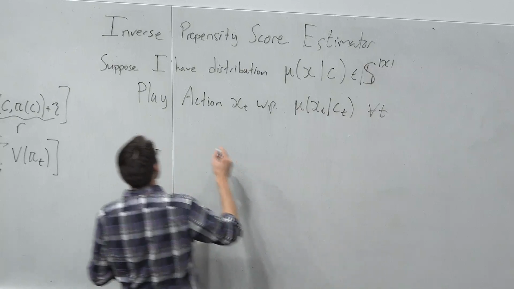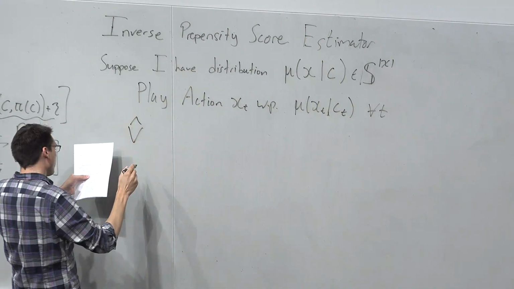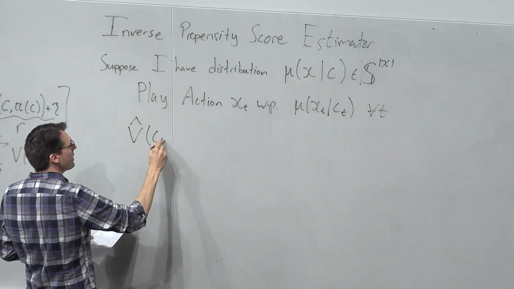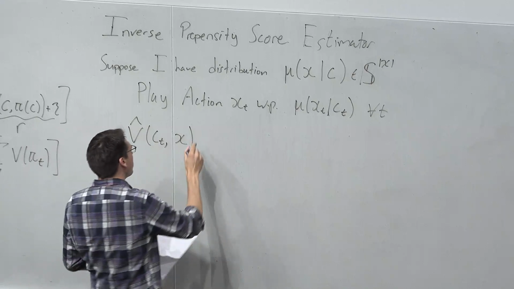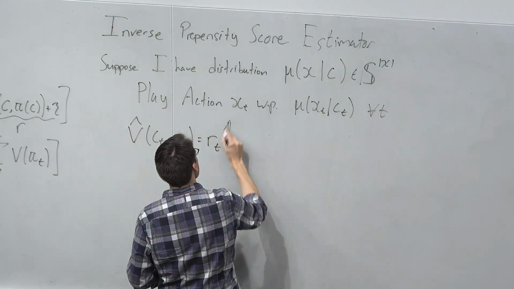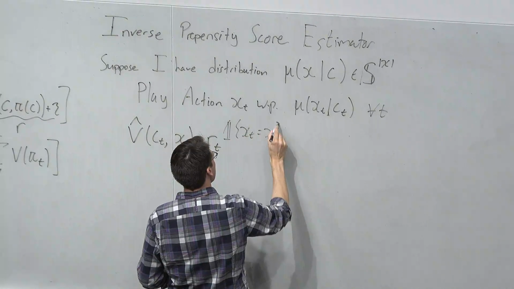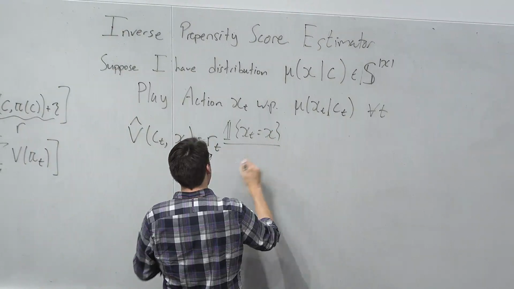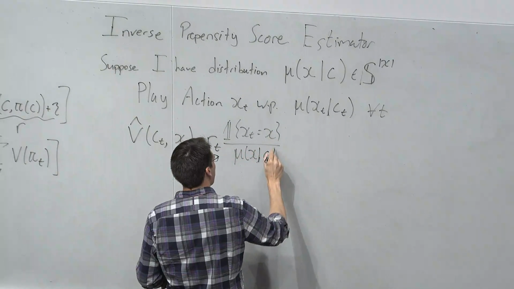And then what I'm going to do is build an estimator, v hat of c_t, x, equal to r_t times the indicator that x_t is equal to x, over mu of x given c_t.